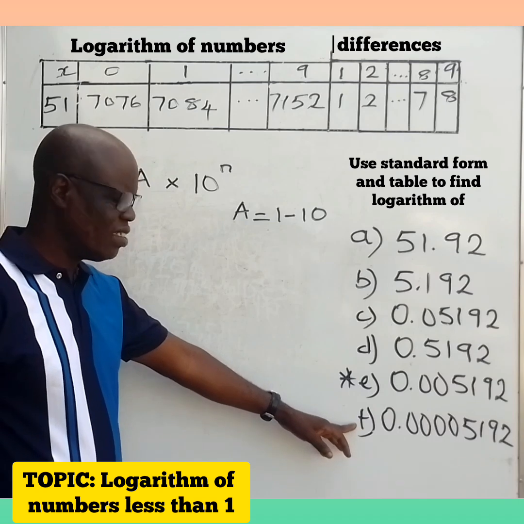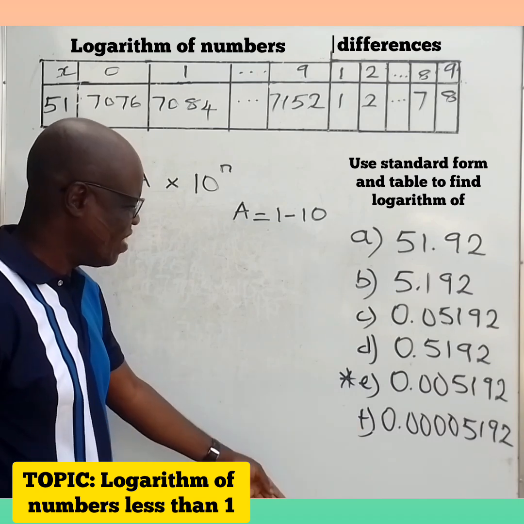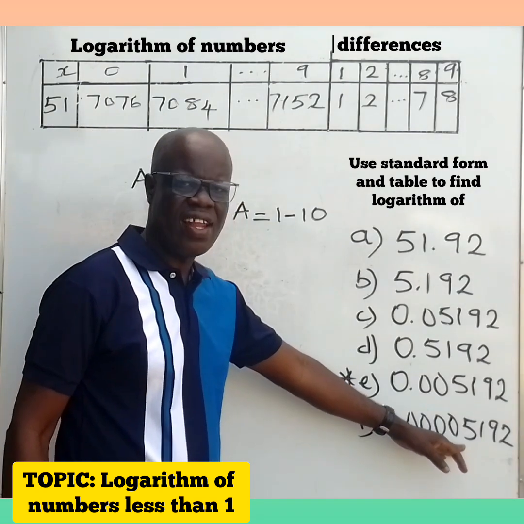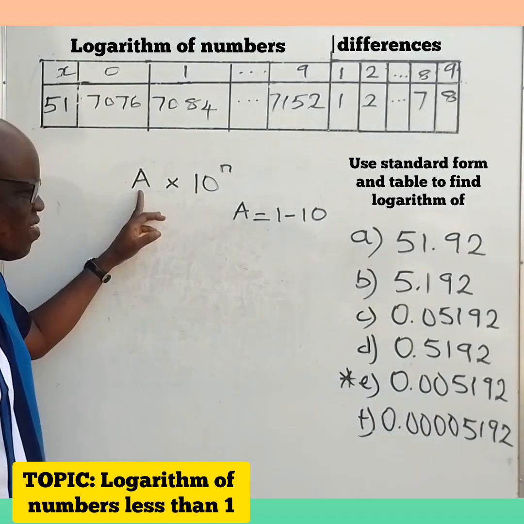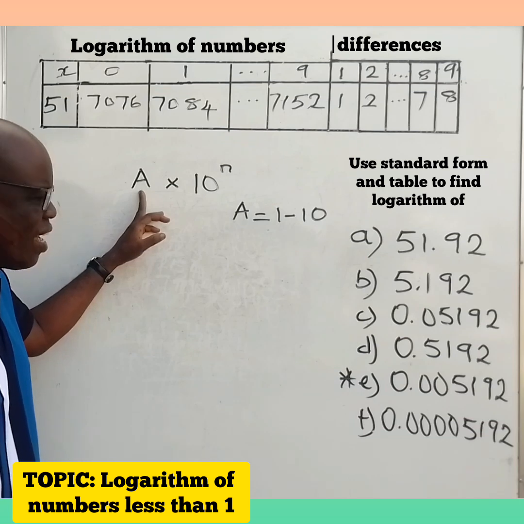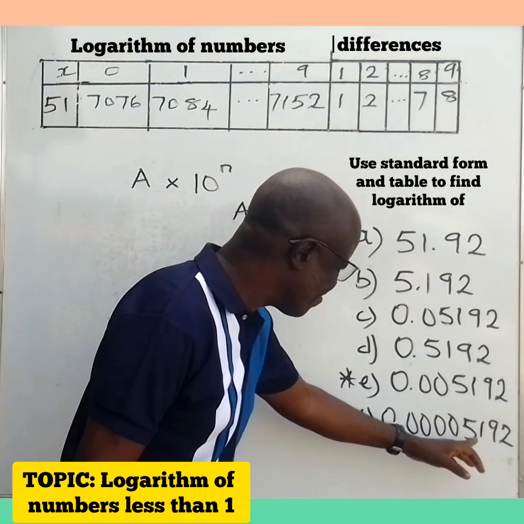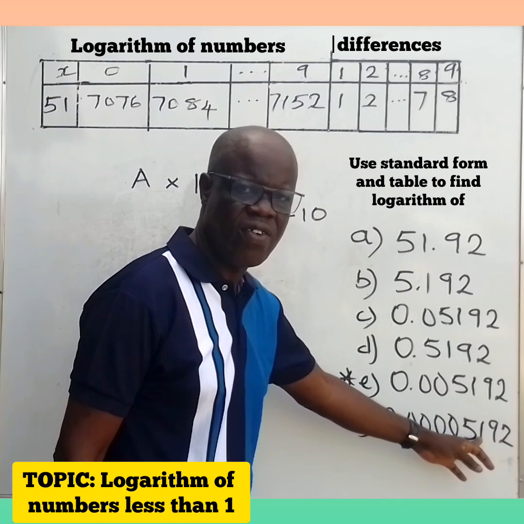Now, let's look at the next part. Here, this number is far less than 1. And then what are you going to do to conform to this, where A is between 1 and 10? So let's see. We can put our point here to make 5.1.